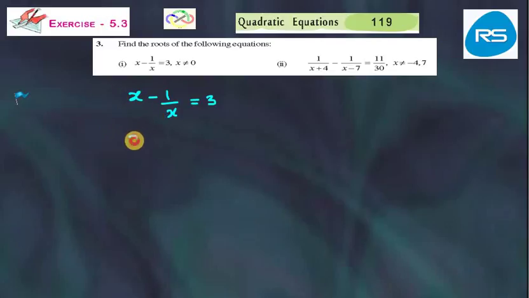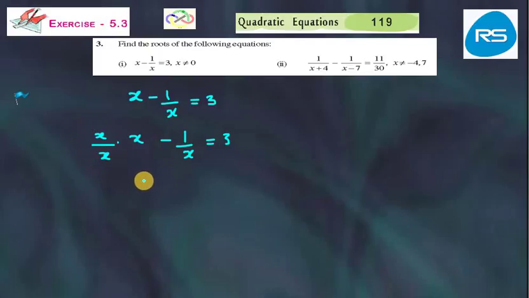Simple. Earlier I told that to make the denominator x, I want to multiply by x by x. x by x is 1, and 1 into x is the same thing. So I am multiplying the numerator and denominator with x.